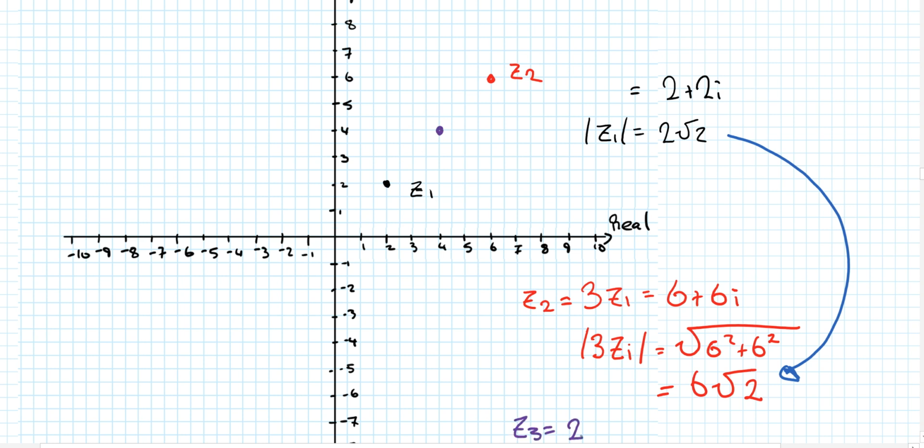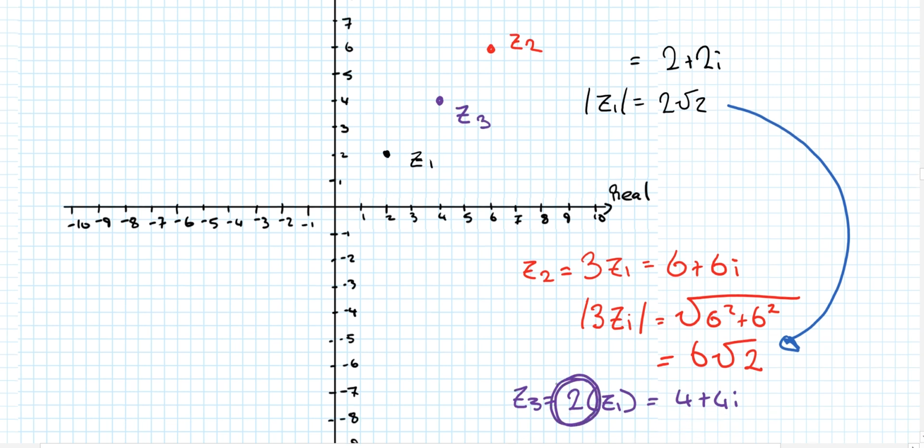Z3 is equal to 2 times Z1, which would be 4 plus 4i. And I know the modulus of Z3 straight away because it's twice as far out as Z1. So the modulus of Z3 is going to be 4 root 2.